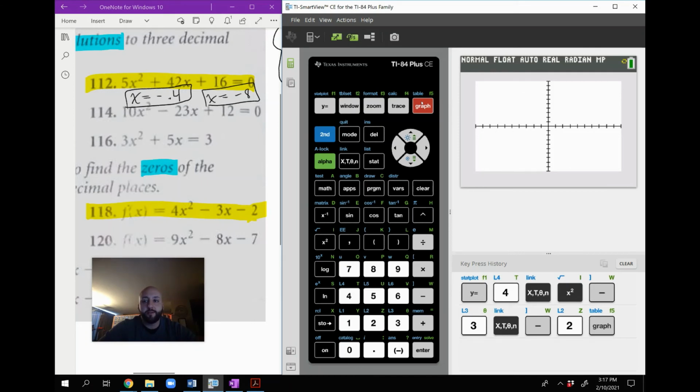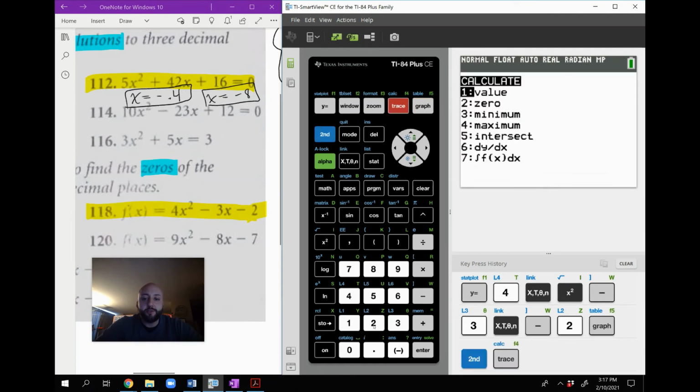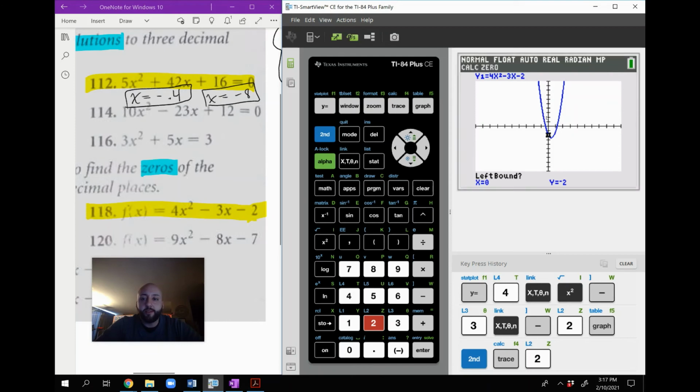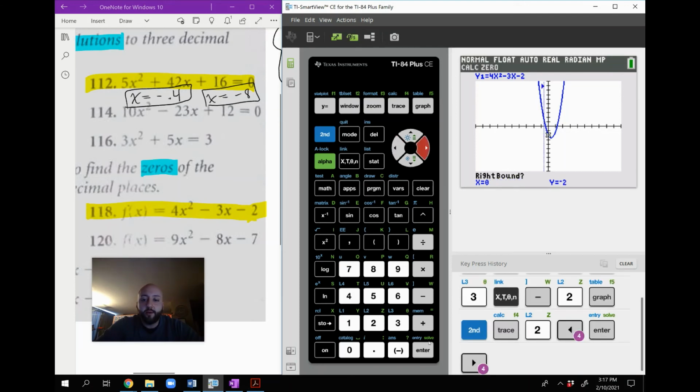Go to graph, and let's see if this shows up anywhere. Oh, beautiful. To get the zeros, I'm going to go to second trace, choose option 2, and let's go do the left zero first this time. Pick somewhere left, enter. Pick somewhere to the right of it, enter, and press enter again after guess.